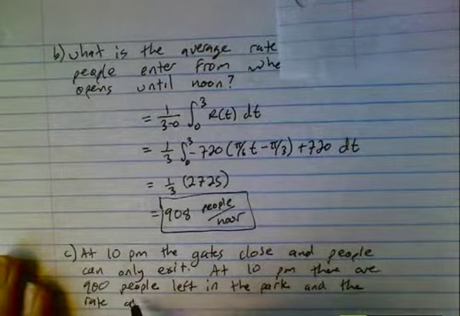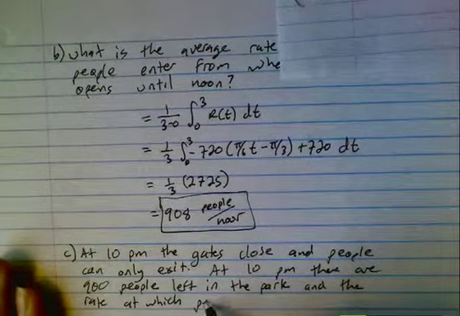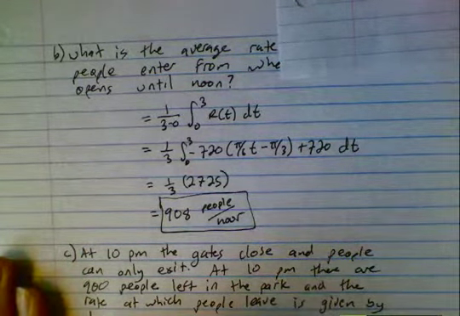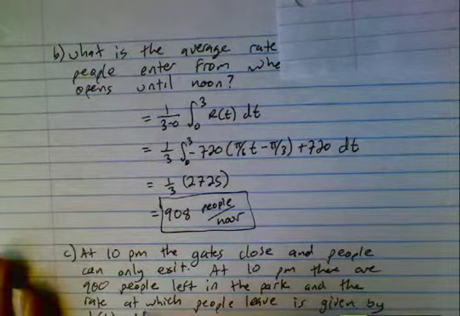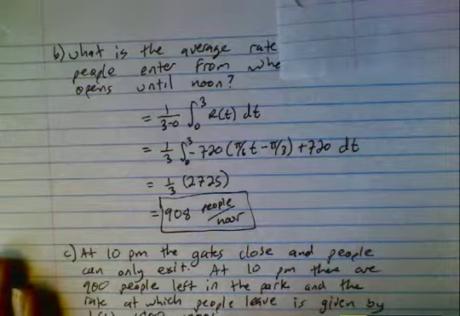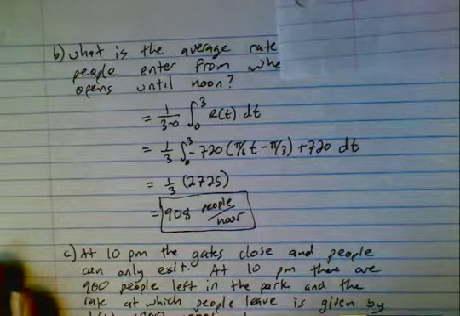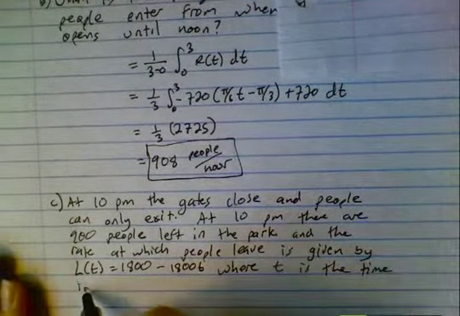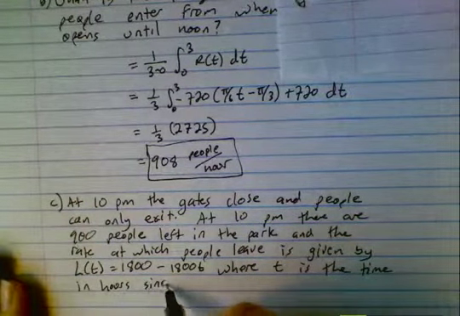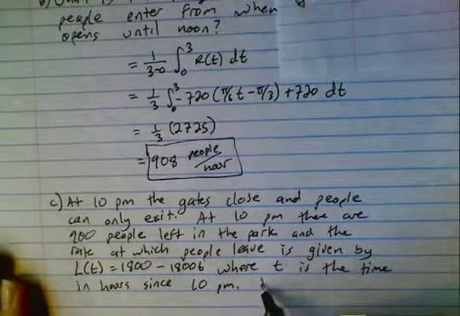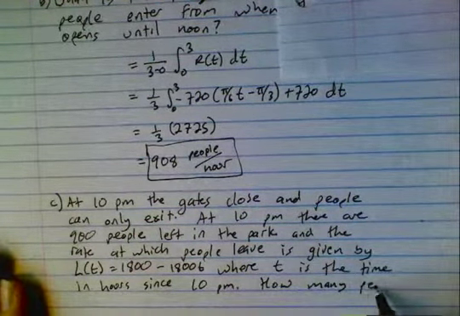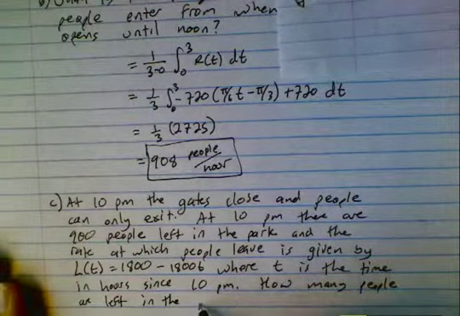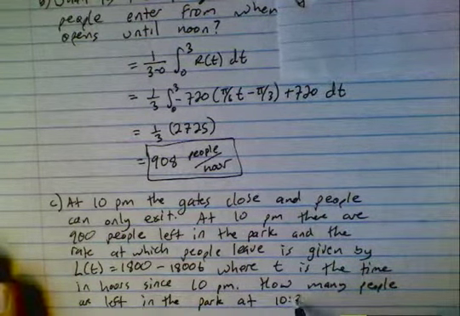And the rate at which people leave is given by L of T equals 1800 minus 1800T, where T is the time in hours since 10 p.m. How many people are left in the park at 10:30 p.m.?